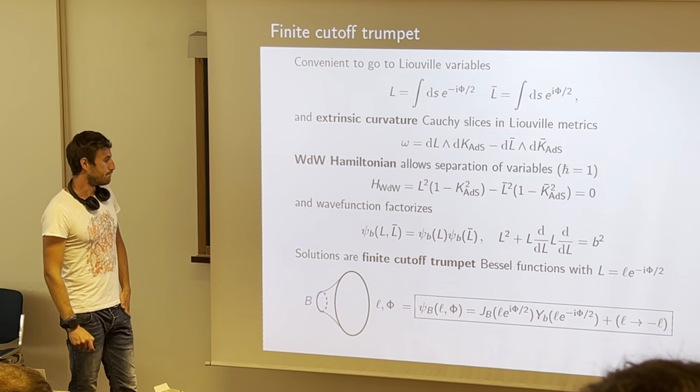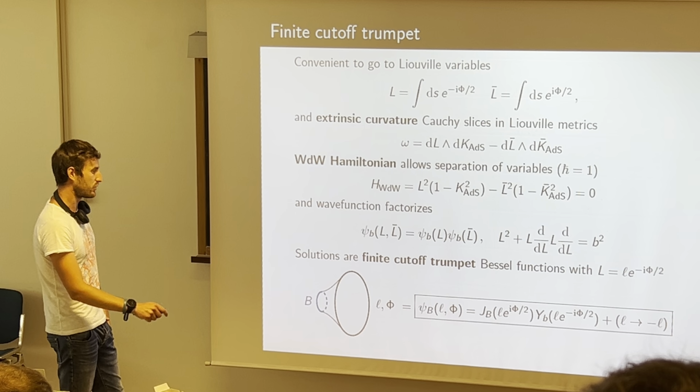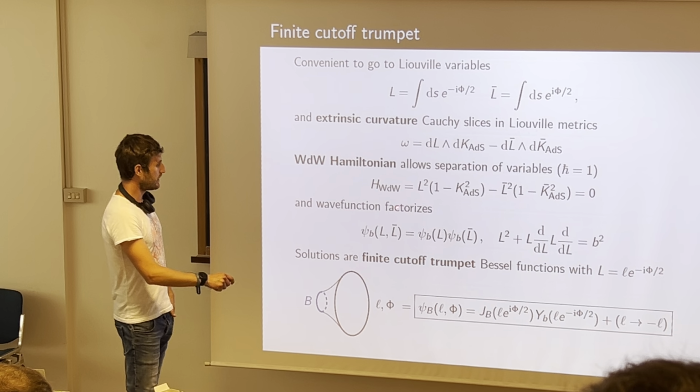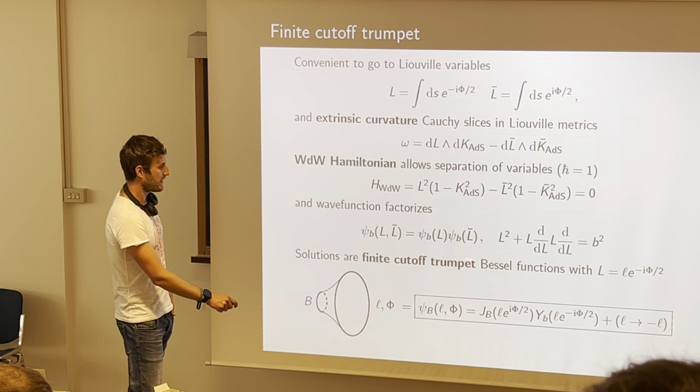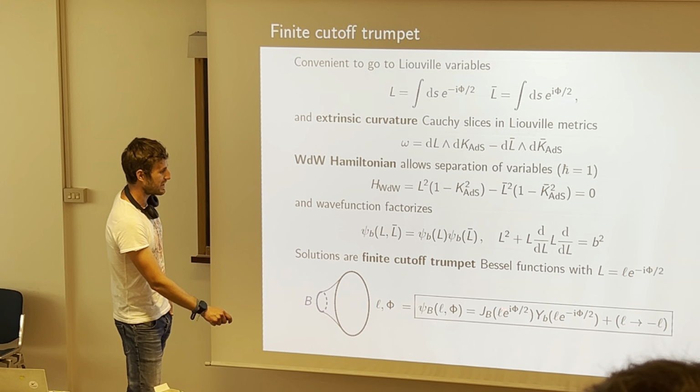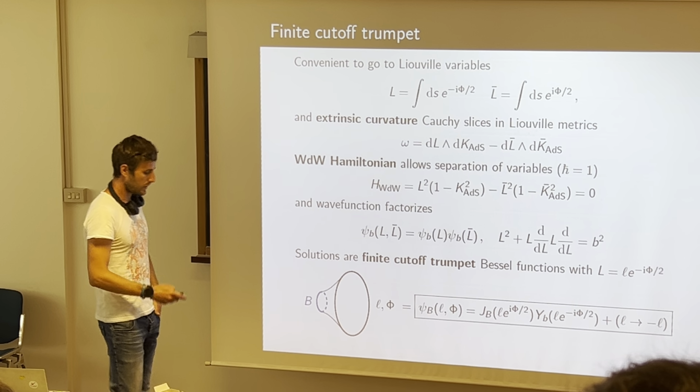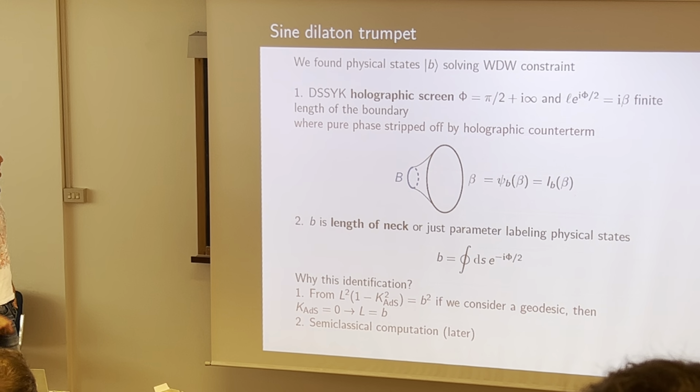Let me also recall that this is a finite cutoff trumpet, because so far we haven't imposed any boundary condition, for instance, on the dilaton. So this is a trumpet, a finite cutoff so far. And let me also say that the wave function factorizes in this way. So this depends on L, this depends on L bar. Okay, so these are the physical states because they solve the Wheeler-DeWitt equation.